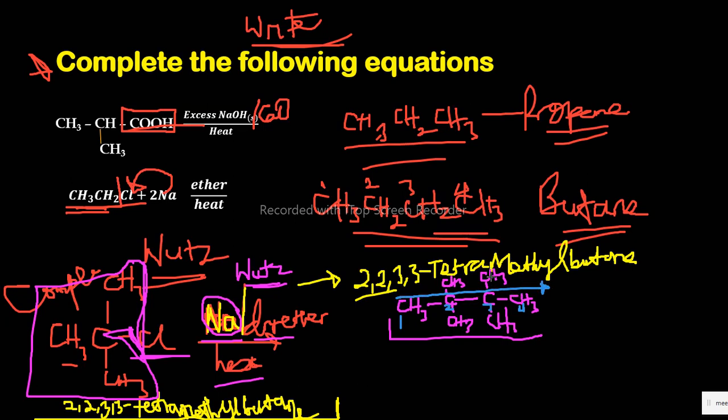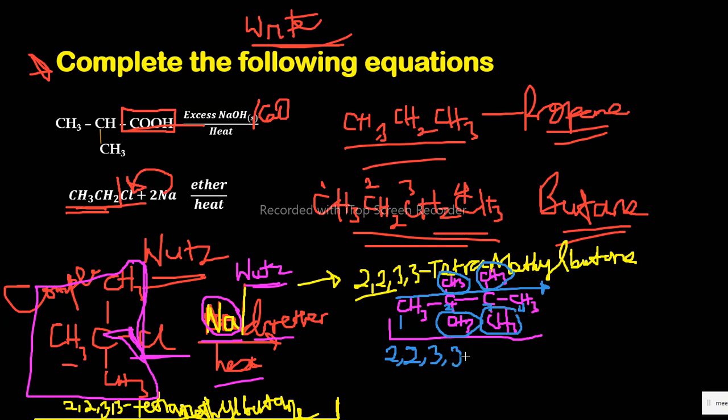Therefore you have this group and you also have this group on carbon number 2. So we shall write 2 and then a comma and then another 2. Since they are the same groups and these two are attached on carbon number 3, we still put 3, a comma, and then 3.